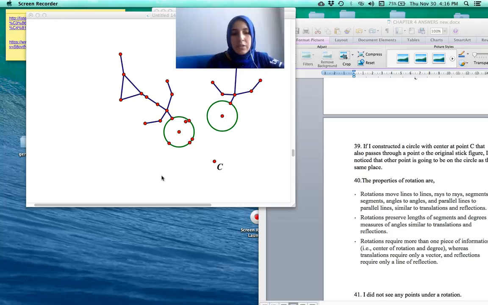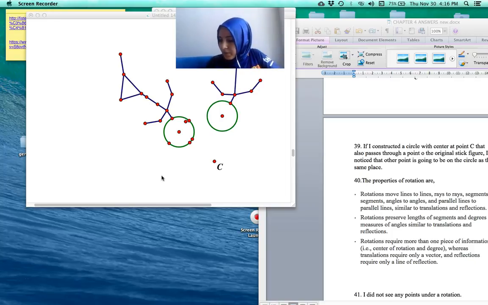Also, the third one, rotations require more than one piece of information, a center of rotation and degree, whereas translation requires only a vector and reflections require only a line of reflection.